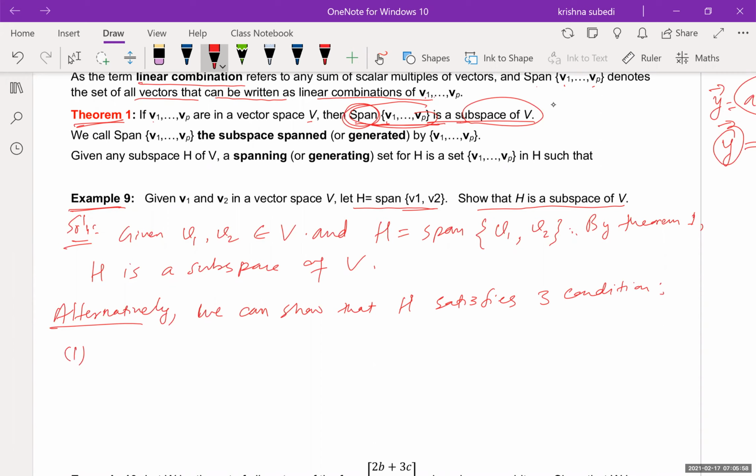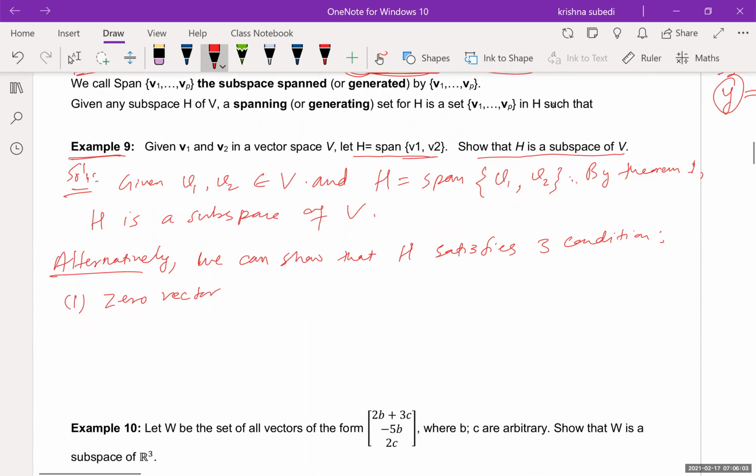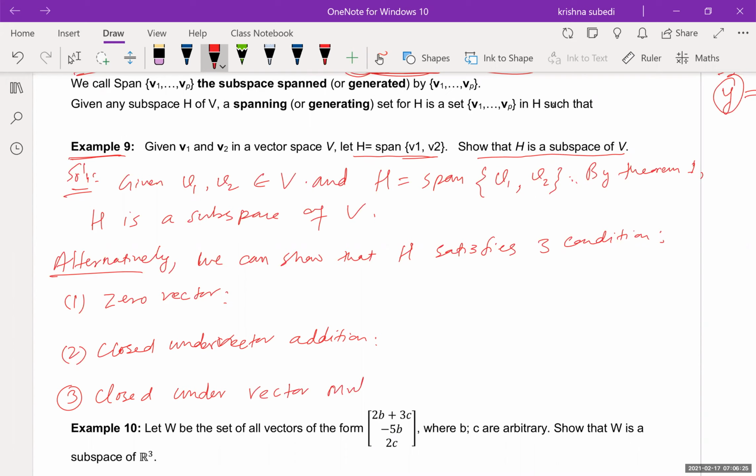Number 1, the zero vector. Number 2, closed under vector addition. And number 3, closed under vector multiplication. All right, so you can do it this way too.